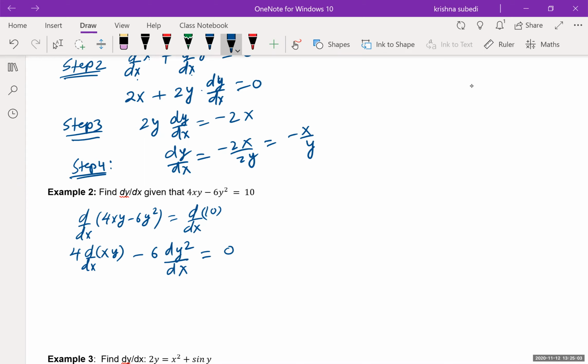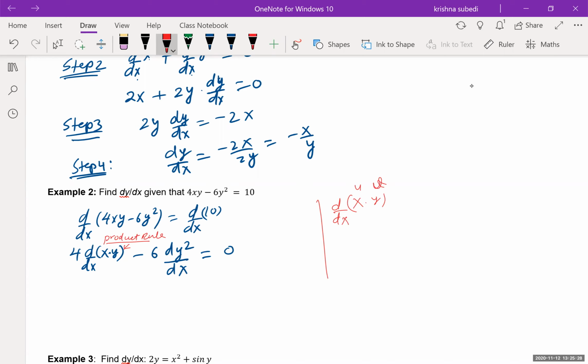Now, as you can see, x times y, so again we need to use the product rule for this. So using the product rule, let me do it here. d over dx of x and y, so this is u and v.